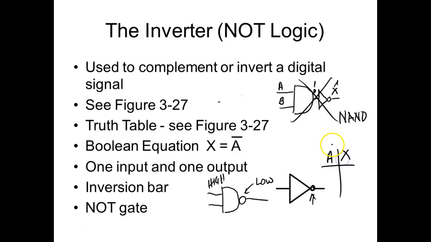First of all, you need to know if an output of a logic gate is always a low, I wouldn't put a gate in there. I would just connect it to the common. If the output of a logic gate was always high, then I wouldn't put a logic gate in there and waste my money. I would just connect it up to power. So these outputs are not always going to be high, and they're not always going to be low.